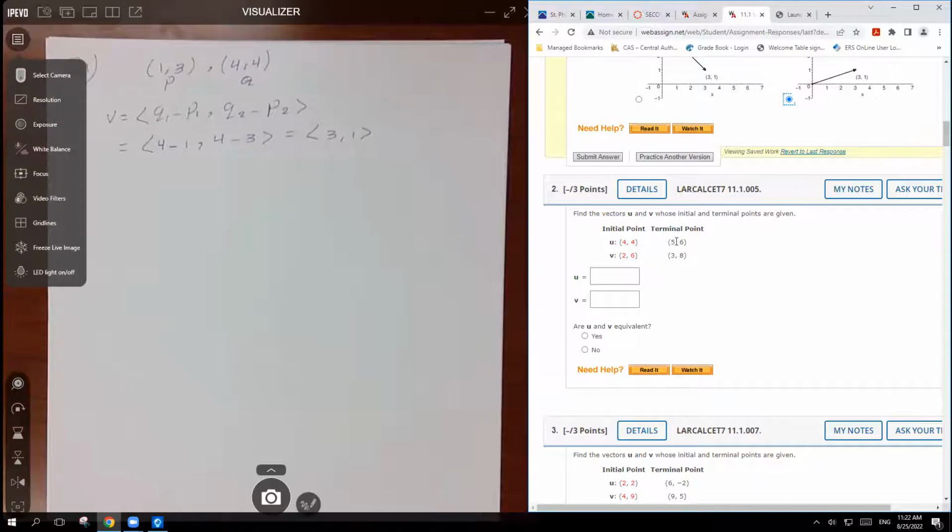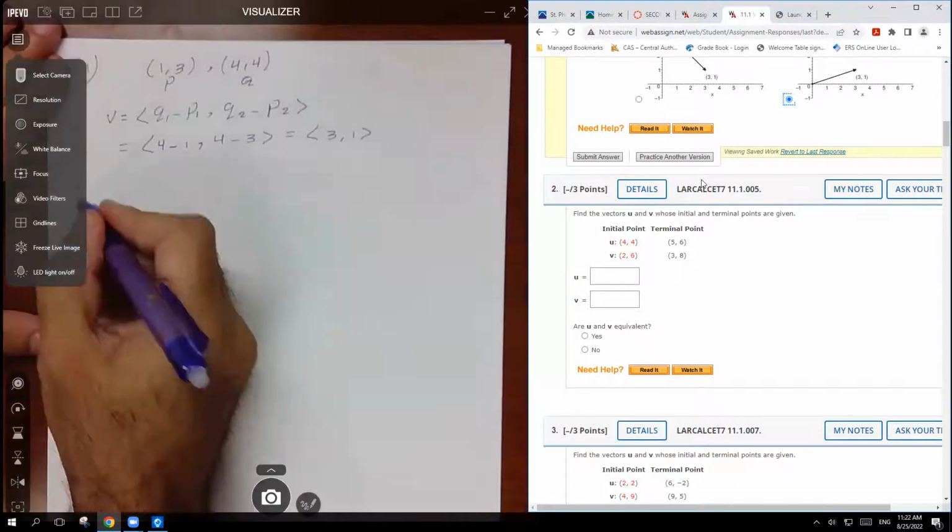You can find the distance between these 2 points and the distance between the other 2 points, which gives you the length. Or find the slope, which is going to be a longer process. First thing, find the vector U, and then find the vector V. Let's do this.